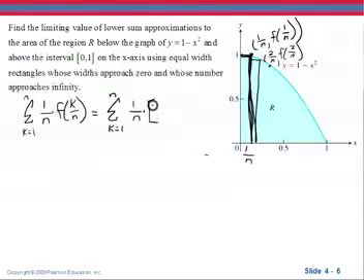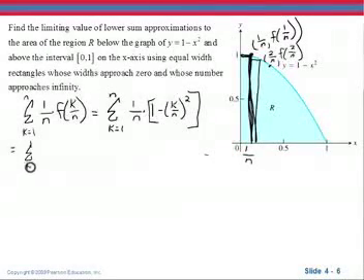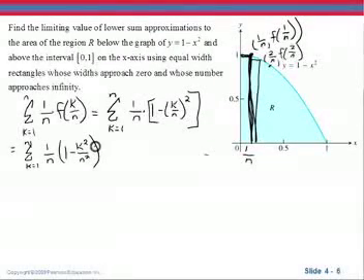Now, f of k over n is going to be 1 minus k over n squared, because it's 1 minus x squared. So we're just going to plug in k over n. That gives us the sum from k equals 1 to n of 1 over n times 1 minus k squared on top, n squared on bottom.